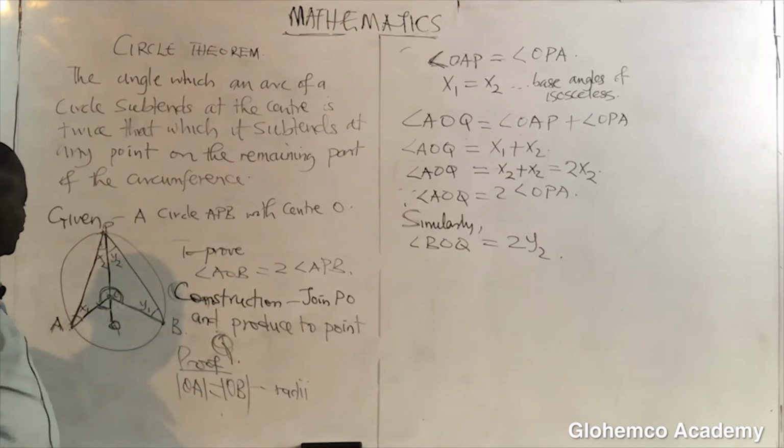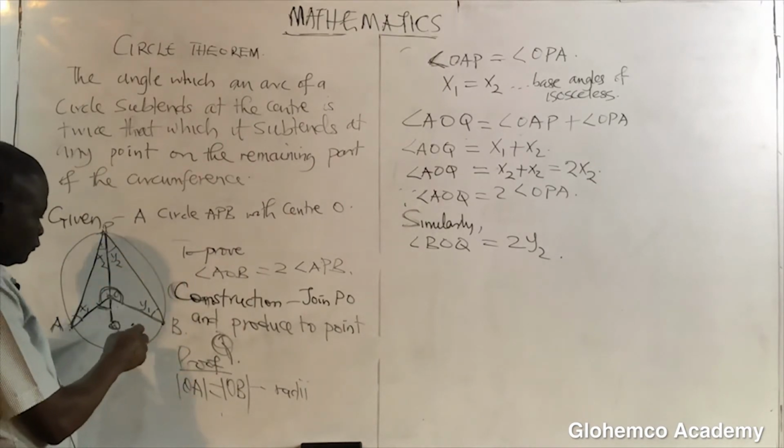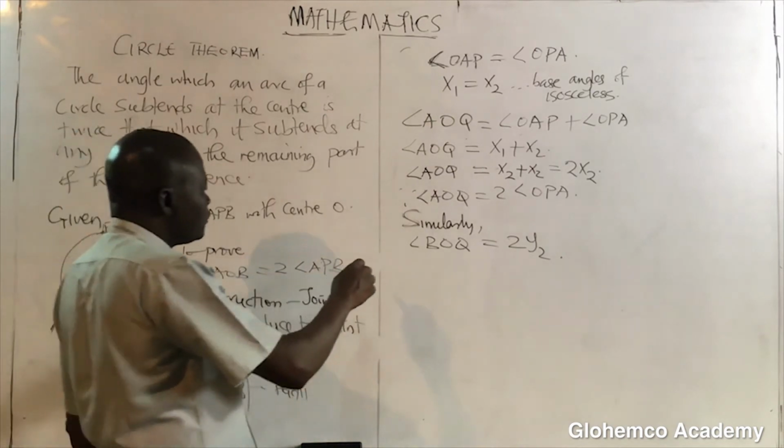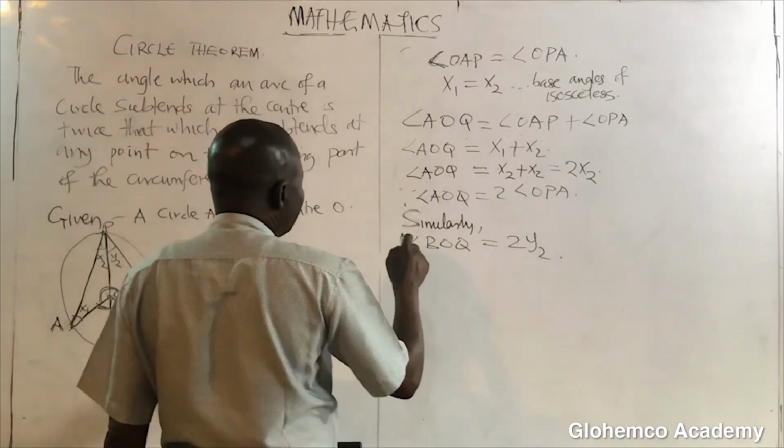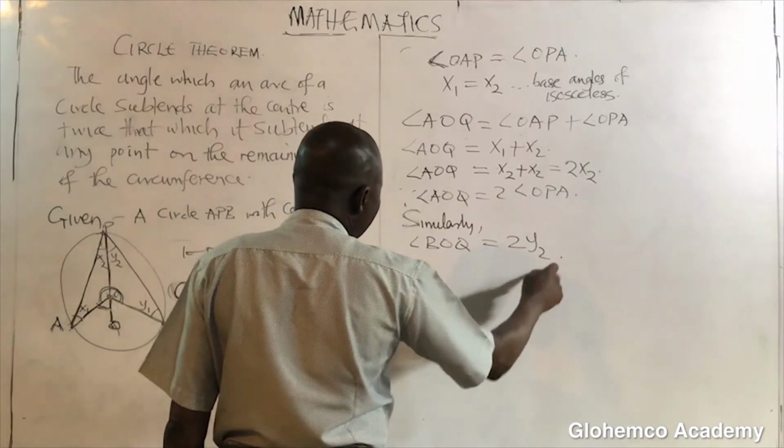Now, the next thing is we are leading to a theorem that BOQ equals 2YQ.